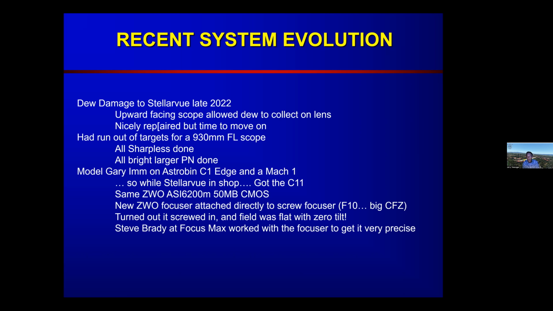And it took me a month to get the Stellarview flat. The problem is that with the camera that I have, the 6200, which is 6,000 by 9,000 pixels, if it is just the slightest smidge out of perpendicular to your image train, your stars will not be flat.